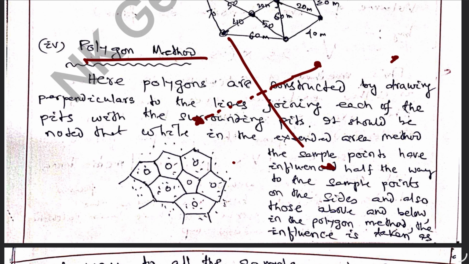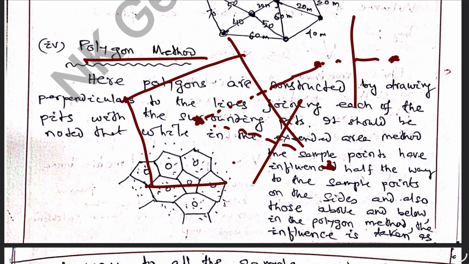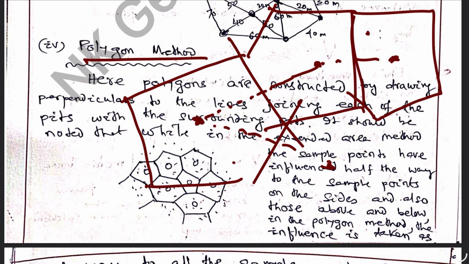In this manner the perpendiculars are drawn and we find the formation of polygons around the sample points. So each polygon has the sample at its center.